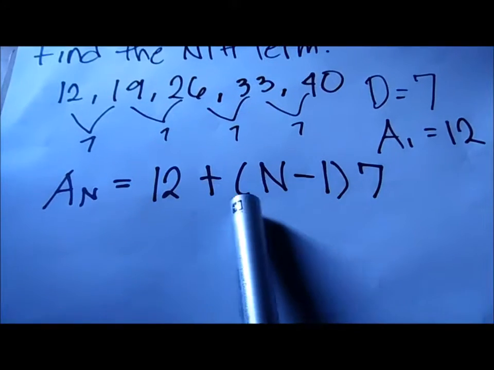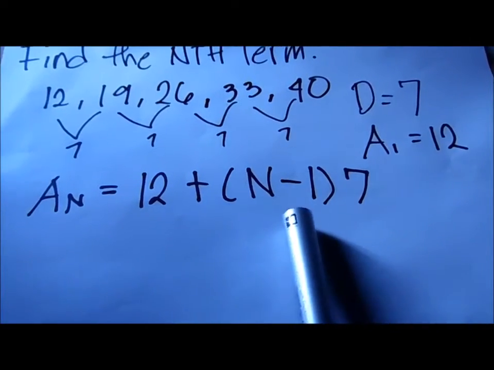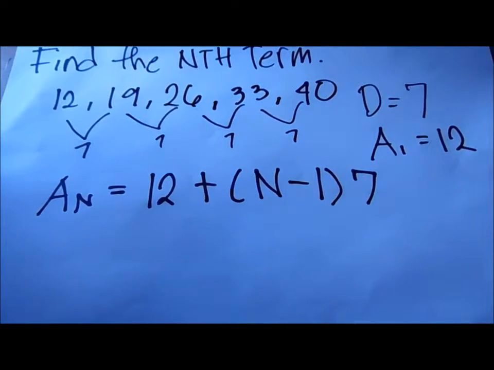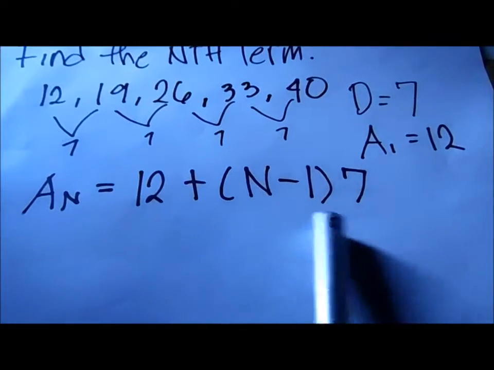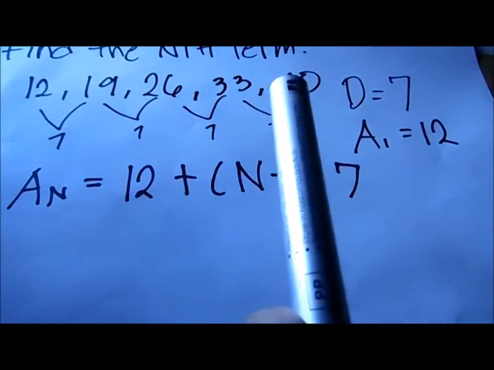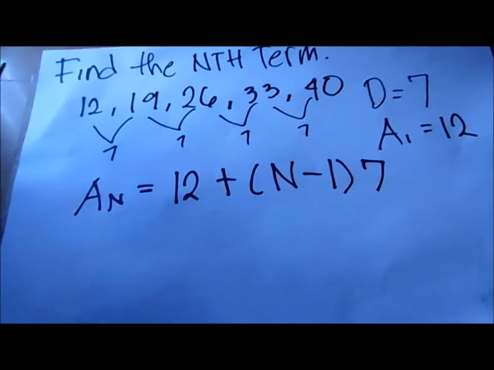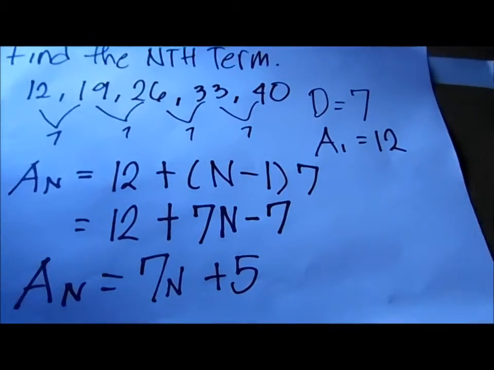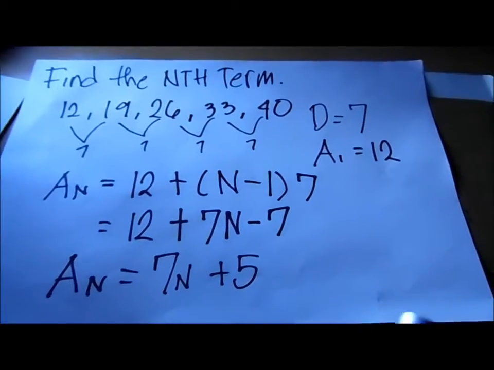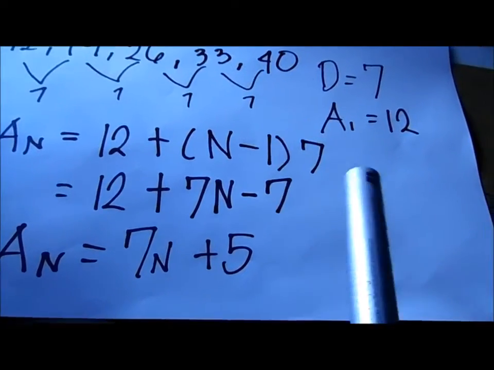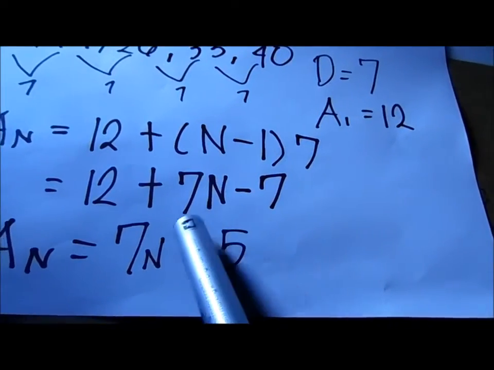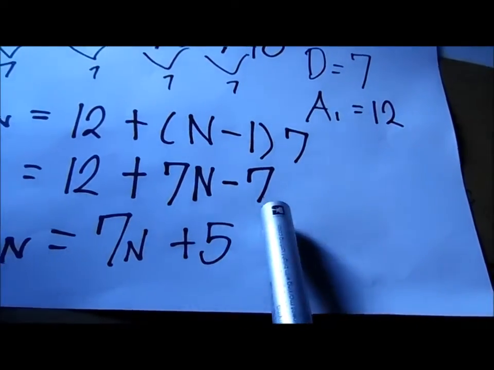We're going to figure that out later. So let's solve for the formula of the nth term. For us to do that, we have to distribute or multiply 7 by n and by 1, which leaves us with this right here.